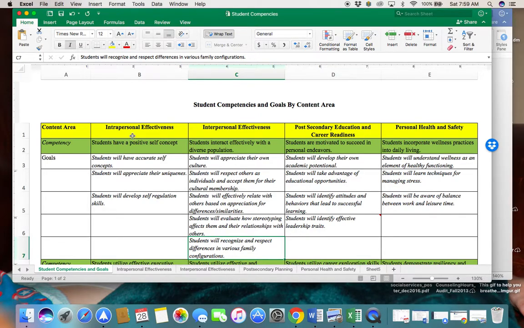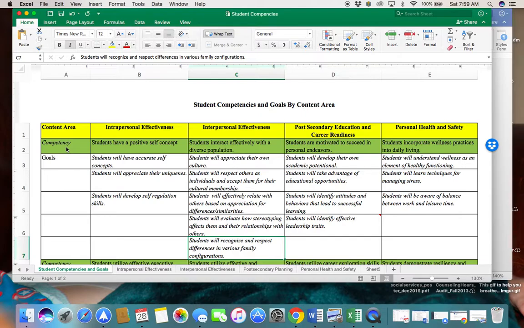So these are the content areas for the model guide. So we've got intrapersonal effectiveness, interpersonal, post-secondary education and career readiness, and personal health and safety. So within that, we have student competencies. The student competencies are the same across the board, regardless of grade level.